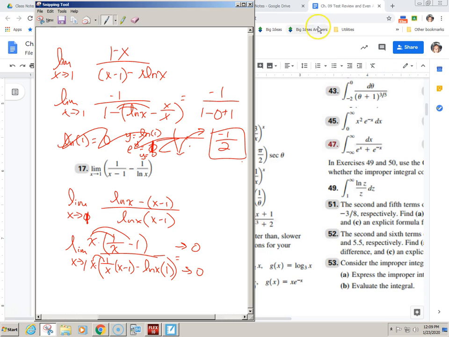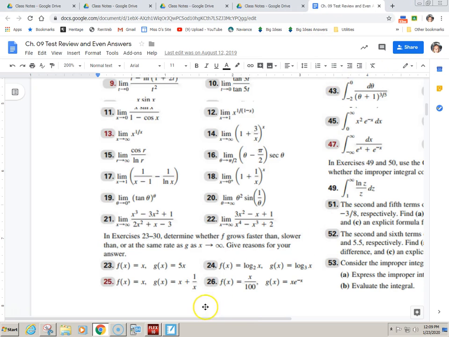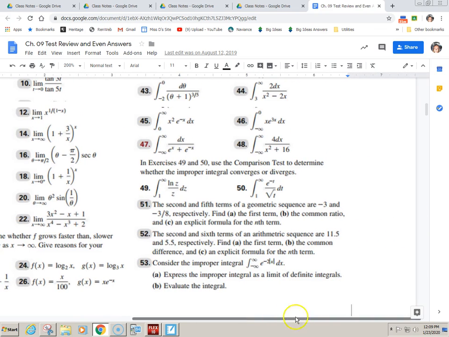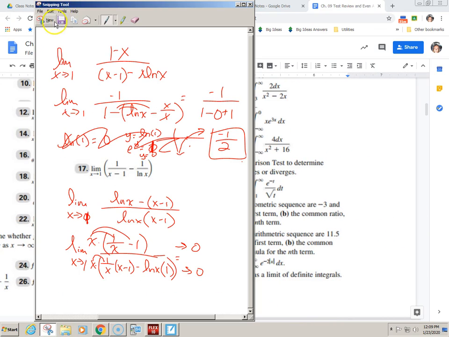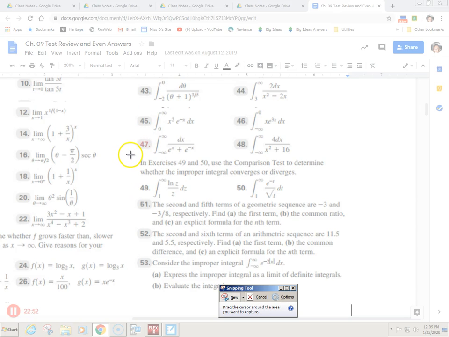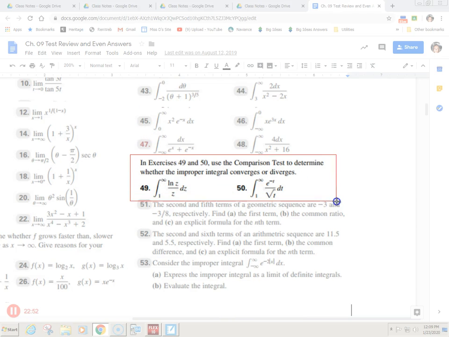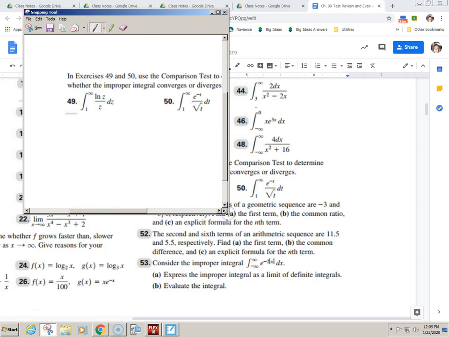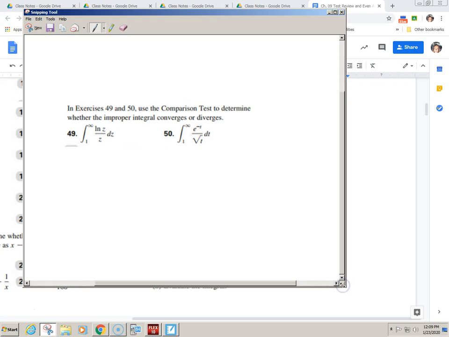Okay. And then the last one, Lorenzo, at least for right now, from ones I've heard, is 50? Yeah. Ooh, the comparison test. Well, the struggle is the comparison test is kind of hinting that it might not be possible to solve otherwise, right?